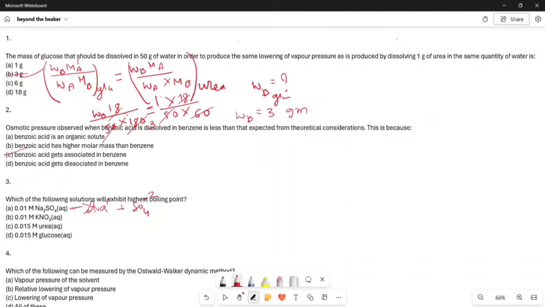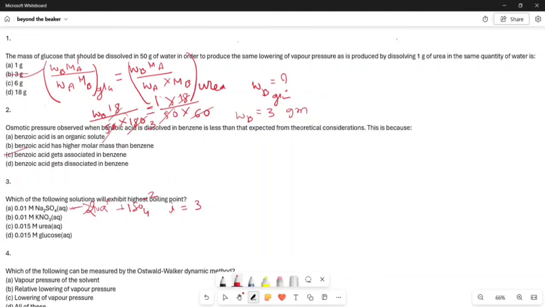Here you have 2 and you have 1. So the Van't Hoff factor i in this case is 3. To answer this question, you have to calculate the Van't Hoff factor i. When a solute undergoes ionization, it gives 3 ions. So i is equal to 3 here.